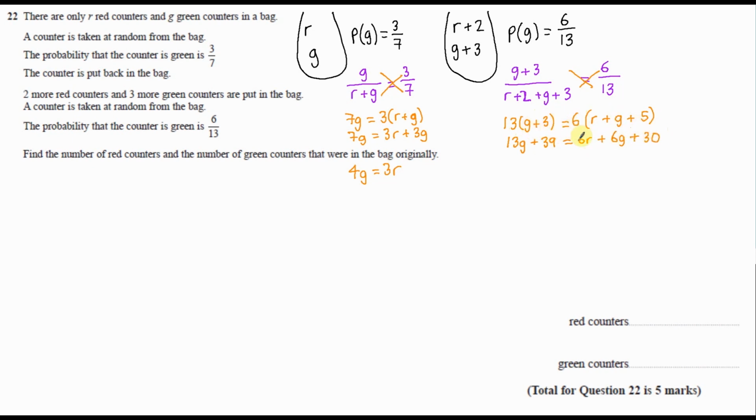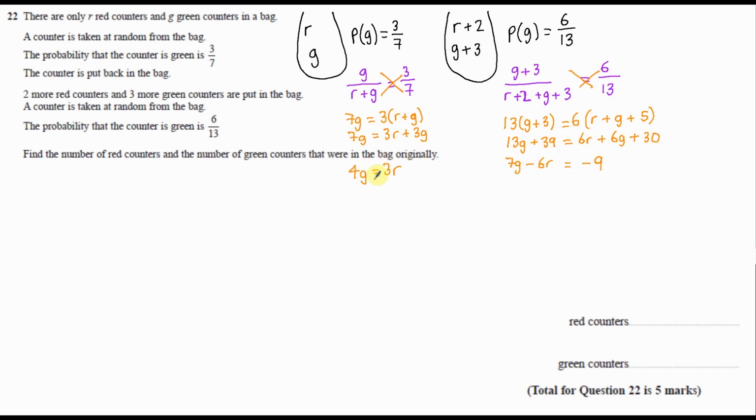If we neaten this up, so if we subtract 6G from both sides, you get 7G. If you subtract 39 from both sides, you get minus 9. And if you subtract 6R from both sides, you get 7G minus 6R.